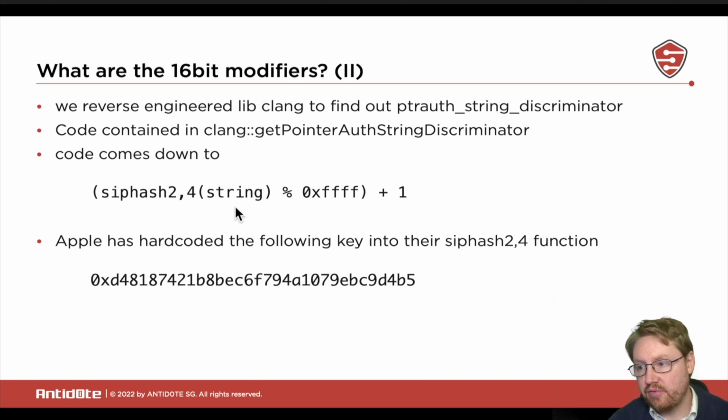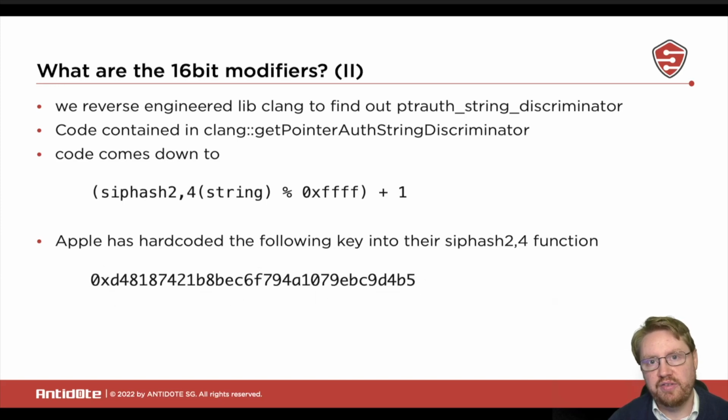But as you can see from the code here, there's actually no key provided. And the reason for this is that the Apple implementation of this SipHash 2-4 has a hard-coded built-in key. And from reversing, I found out that this here is basically the hard-coded key that Apple uses.